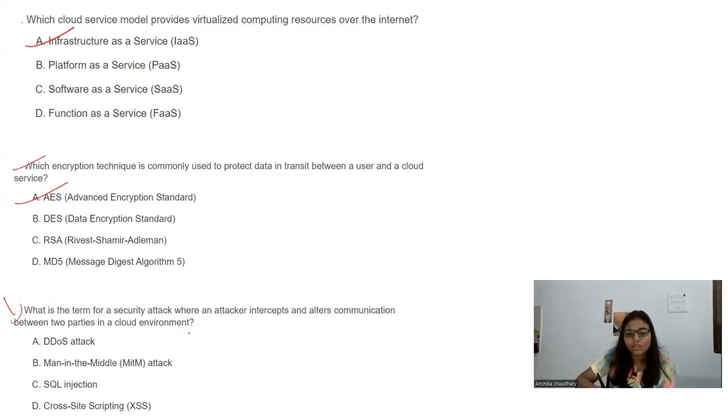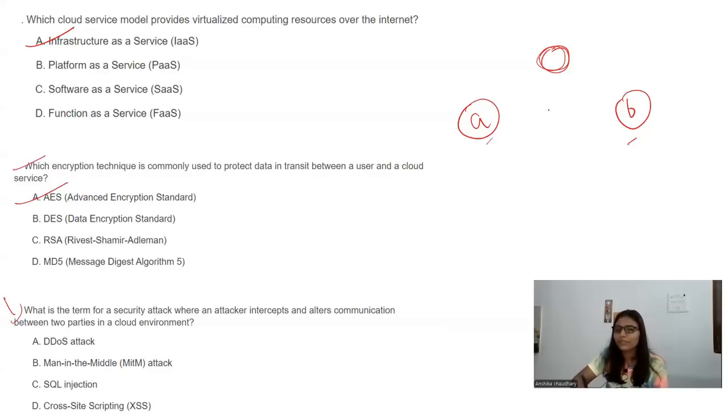What is the term for a security attack where an attacker intercepts and alters communication between two parties in a cloud network? Suppose there are two parties, this is Alice and this is Bob, and there is someone who is not known by Alice or Bob.